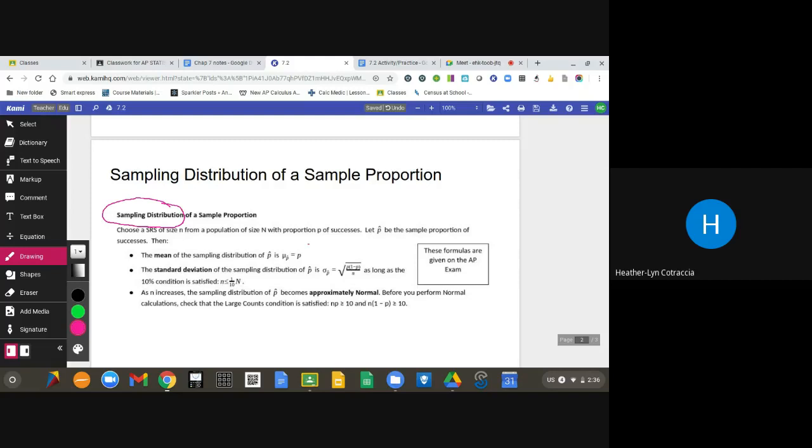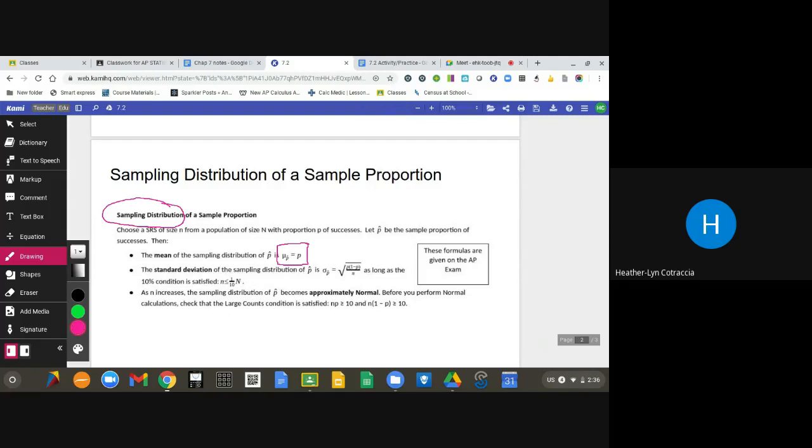The mean of your sampling distribution is that proportion. So for instance, if you go back to the heads and tails example I just gave you, the proportion of getting a heads would be 0.5. So the mean of the sampling distribution is equal to the population proportion, which is P. In this case, it'd be 0.5.